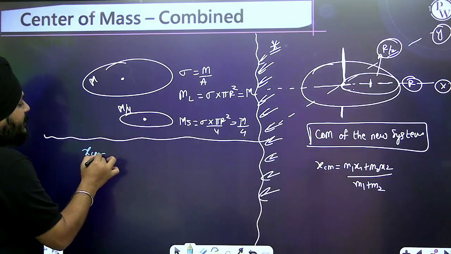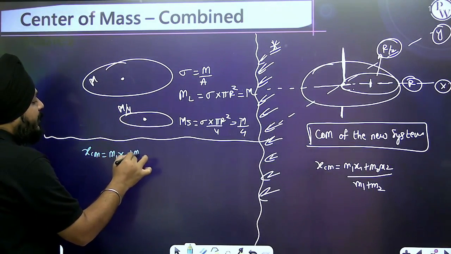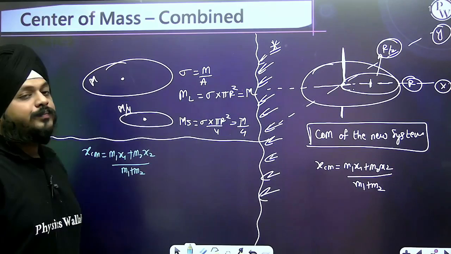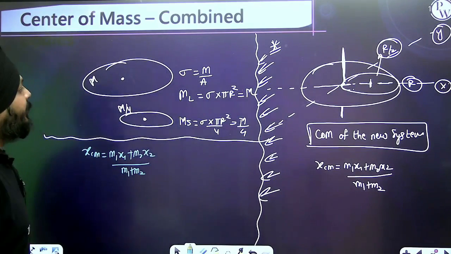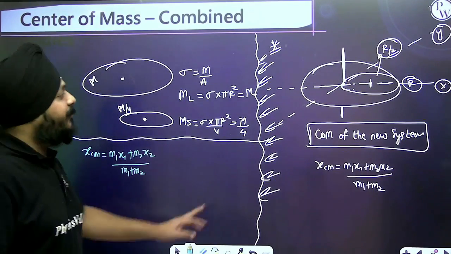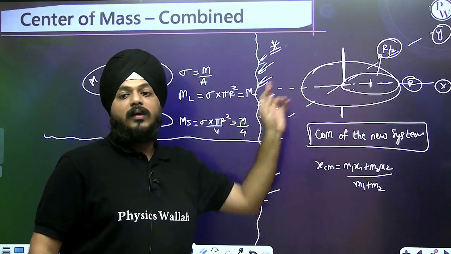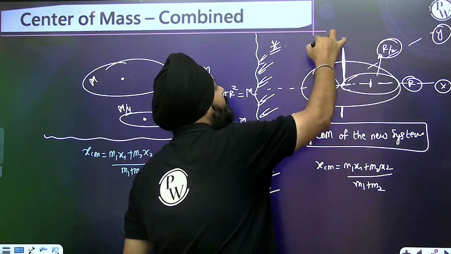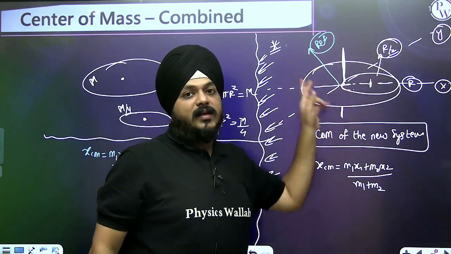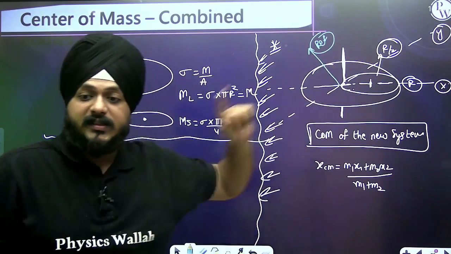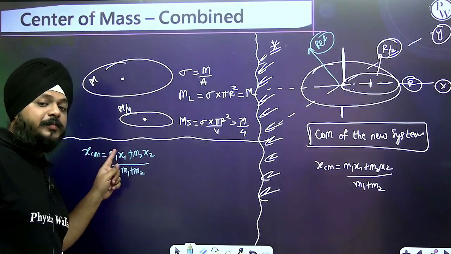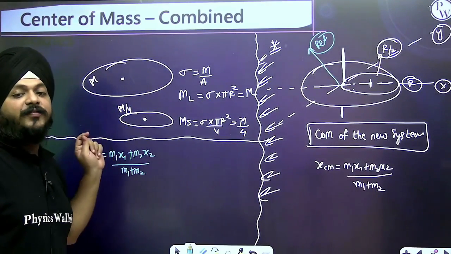X center of mass is m1 x1 plus m2 x2 whole divided by m1 plus m2. Center of mass is always calculated with respect to the reference point. This origin will be the reference point. As I told you in the previous case, if it is a discrete particle, then x is the distance between the particle and the reference point.